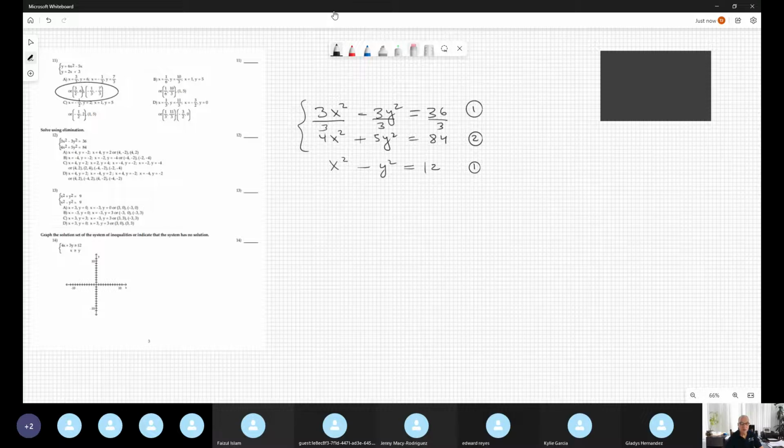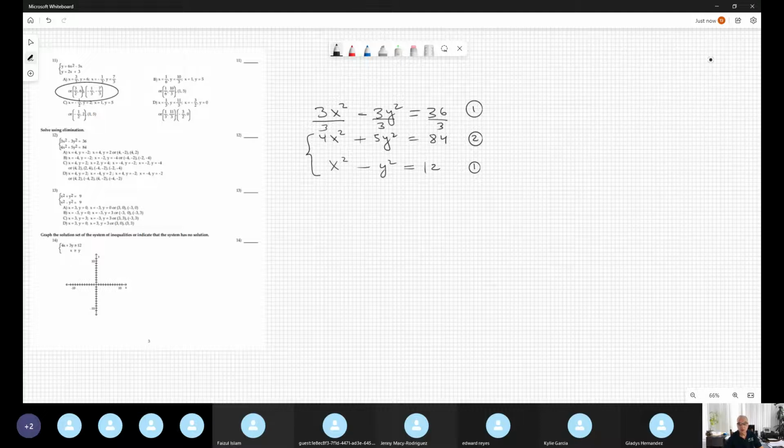Then it's obvious that if both equations are non-linear, you need to apply elimination. And for elimination, I propose you multiply equation 1 by 5.